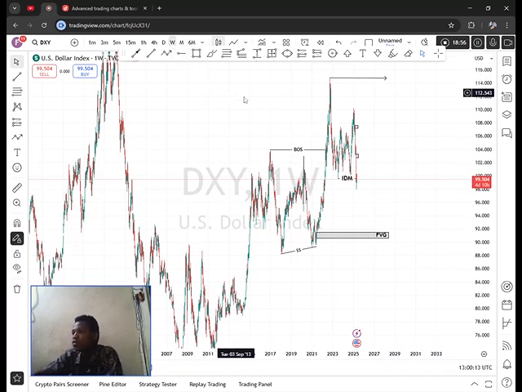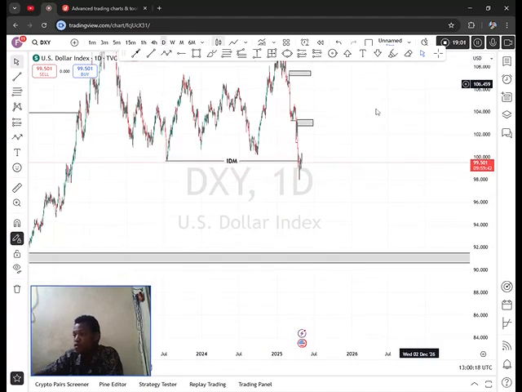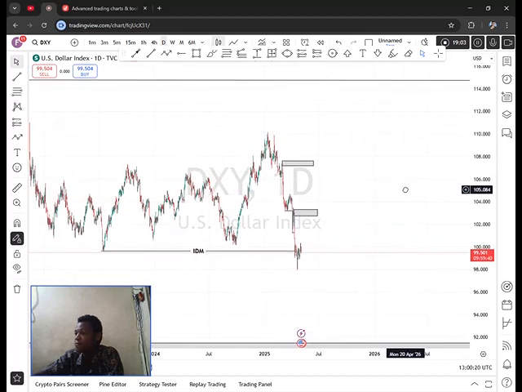Moving to the daily time frame, everything is aligning. We're expecting price to reach our weekly fair value gap, and price is currently doing that by trending downwards into it. That fair value gap is like a magnetic force, pulling price down into it.